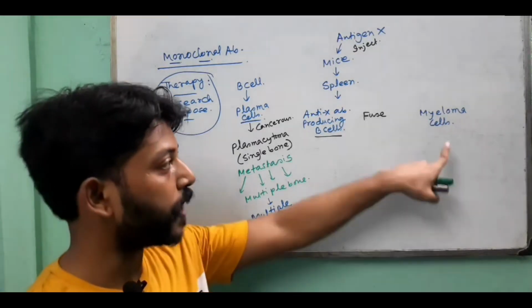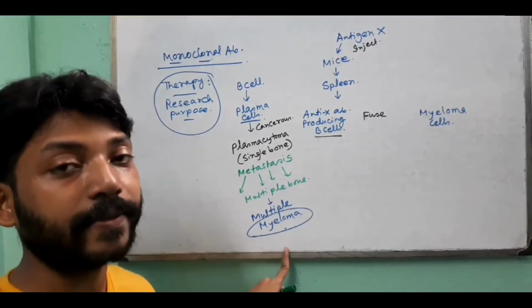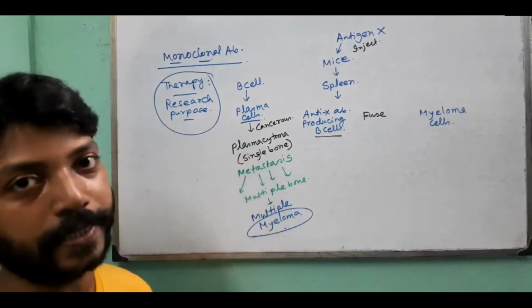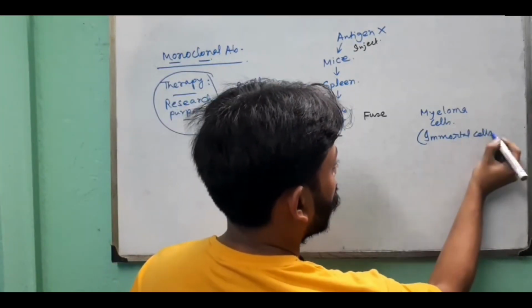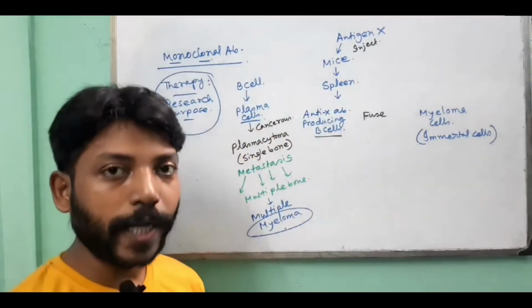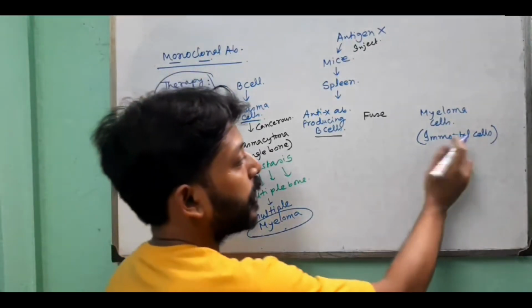So now you know what myeloma cells are. A myeloma cell is nothing but a tumor or cancerous plasma cell, or you can say, another way, it is an immortal cell. So to produce a huge amount of monoclonal antibody, we need an immortal cell.